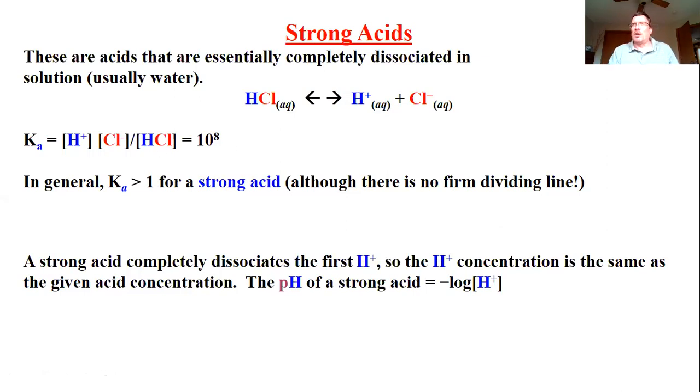In general, although again there's no firm dividing line, anything over 1 is considered a strong acid. Because if you think of what 1 is, when they're both equal, when you have as much compound as you have ions, anything over 1 means you're favoring the dissociated ions.